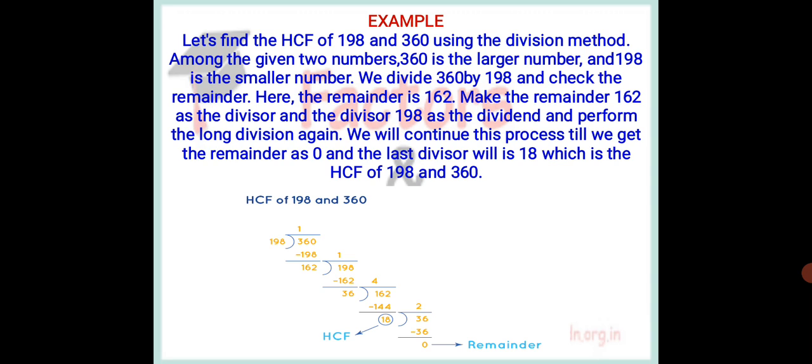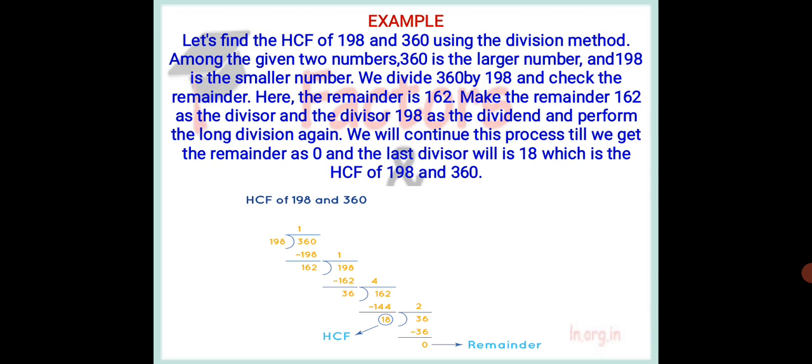So 18 is now my new divisor and the last level divisor 36 becomes my new dividend. So 2 18s are 36. Here the process ends. Why? Remainder is 0.